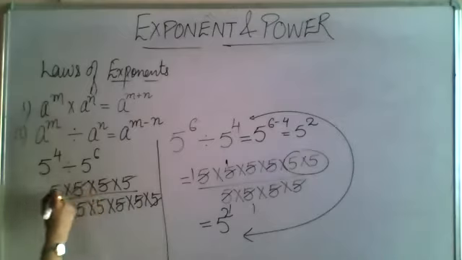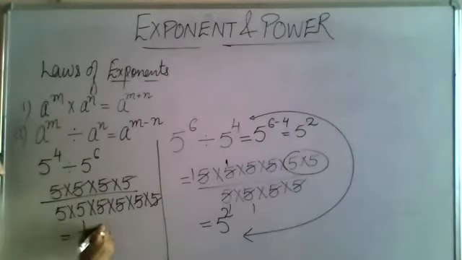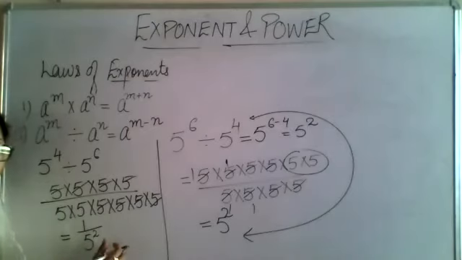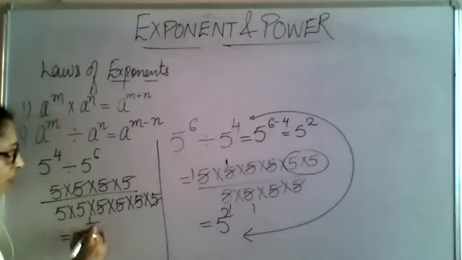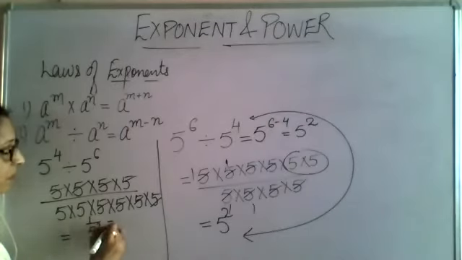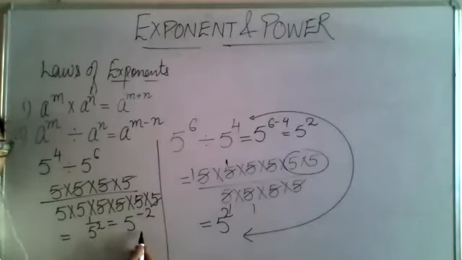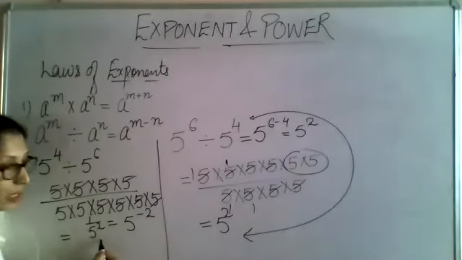Cancelled. I'm observing 1 upon, important thing, this is in the denominator, 1 upon 5 raised to power 2. And if I write this in the numerator, it will become minus 2.